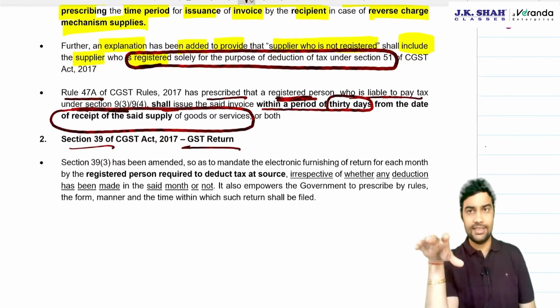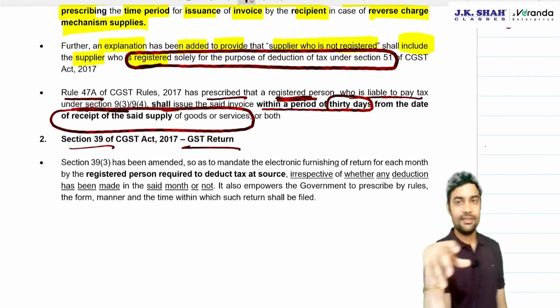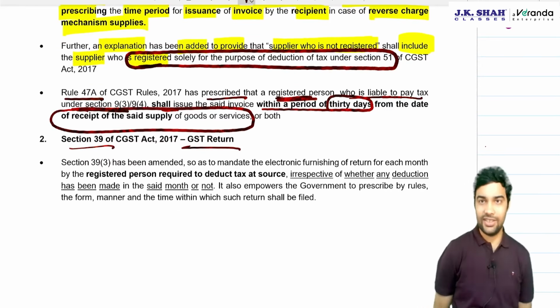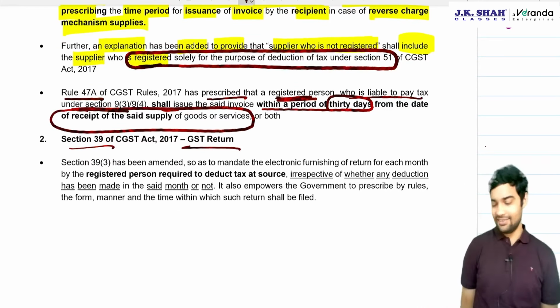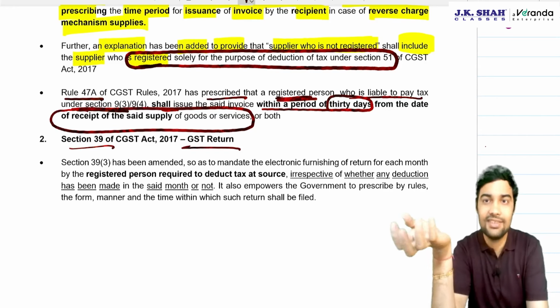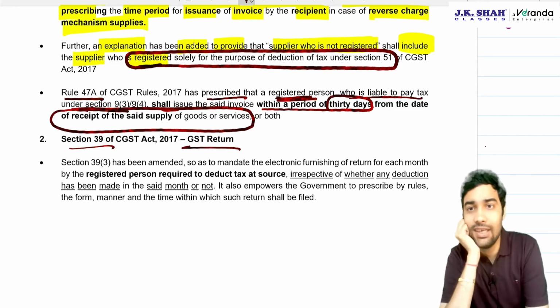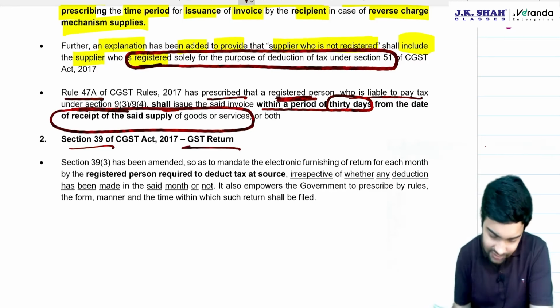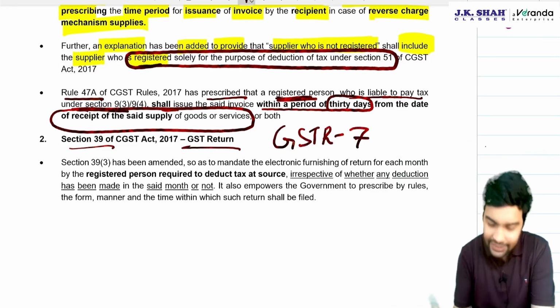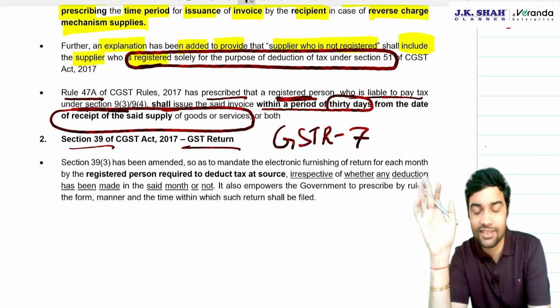One very small change has happened. That change is, see, TDS people, those who are required to deduct tax, they were saying that, suppose one month no TDS, then we are not required to file GSTR 7, because a person who is liable to TDS files GSTR 7.